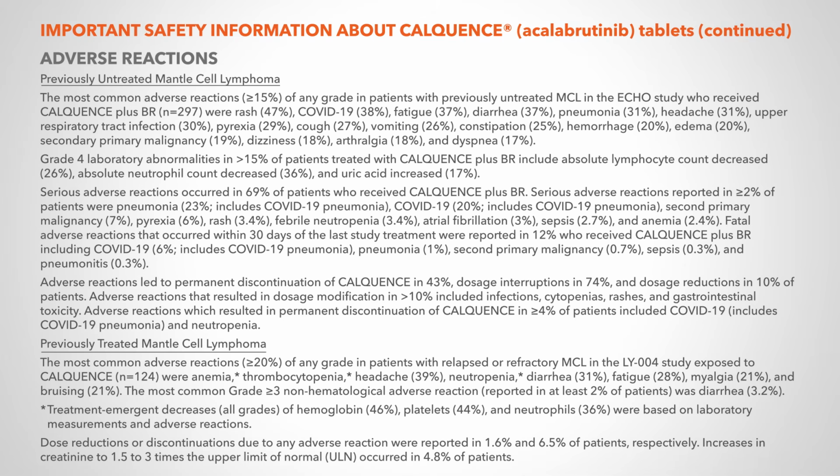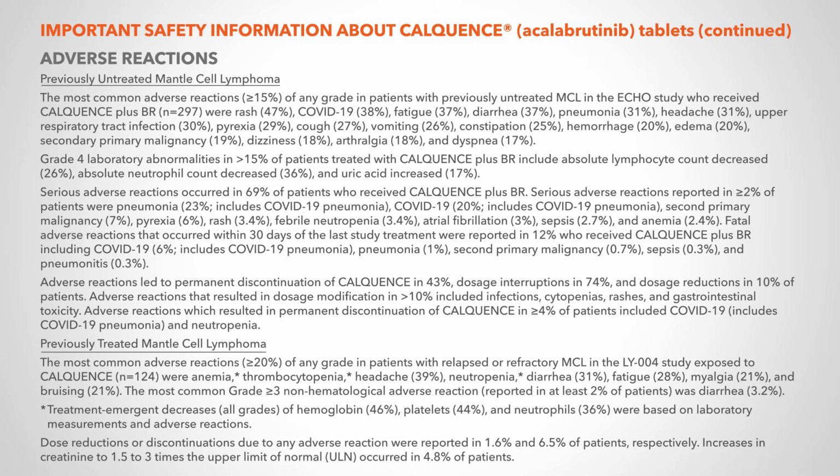Previously treated mantle cell lymphoma. The most common adverse reactions, greater than or equal to 20% of any grade in patients with relapsed or refractory MCL exposed to CALQUENCE were anemia, thrombocytopenia, headache 39%, neutropenia, diarrhea 31%, fatigue 28%, myalgia 21%, and bruising 21%. The most common grade greater than or equal to 3 non-hematological adverse reaction reported in at least 2% of patients was diarrhea, 3.2%.